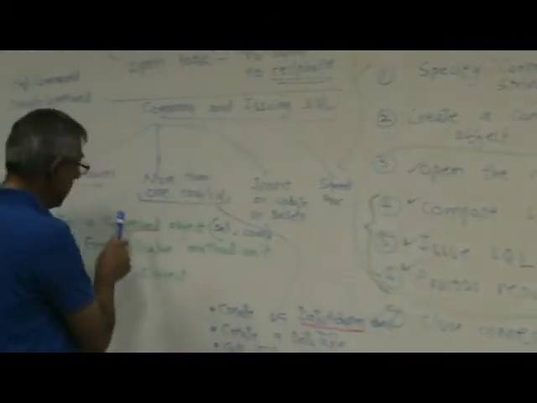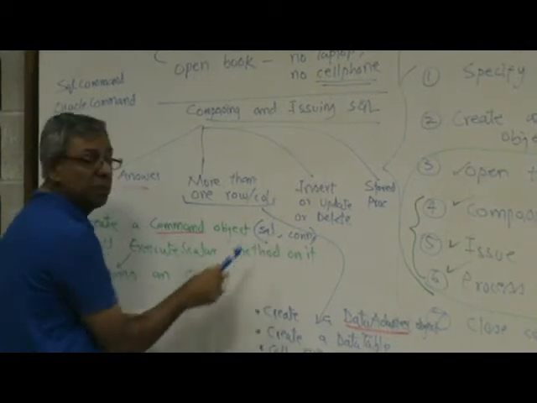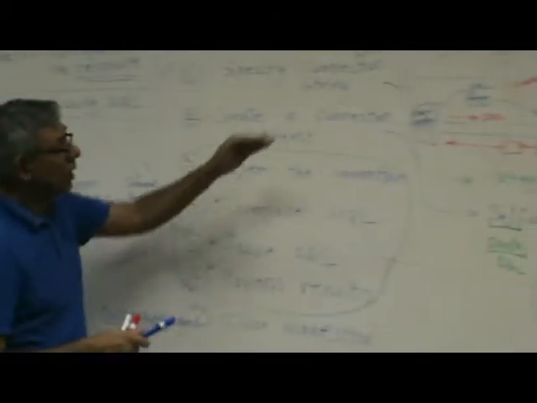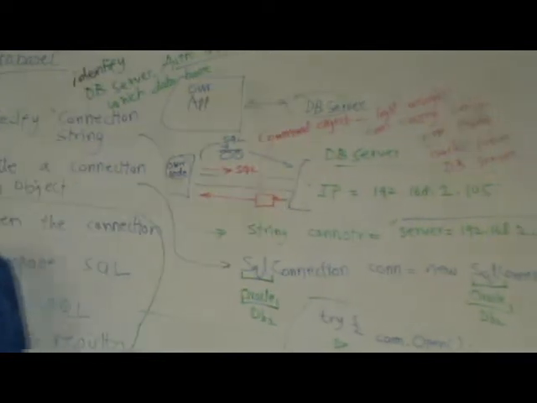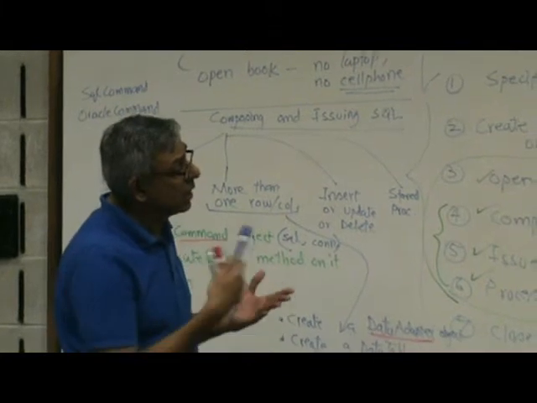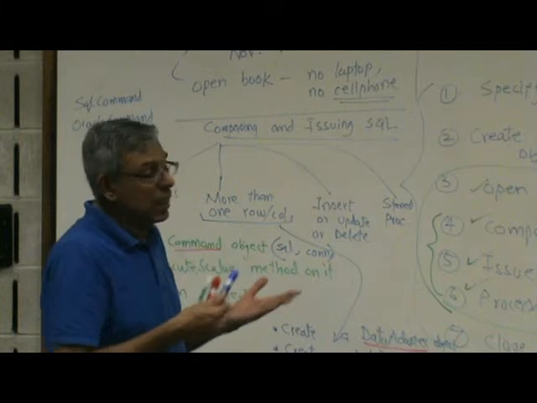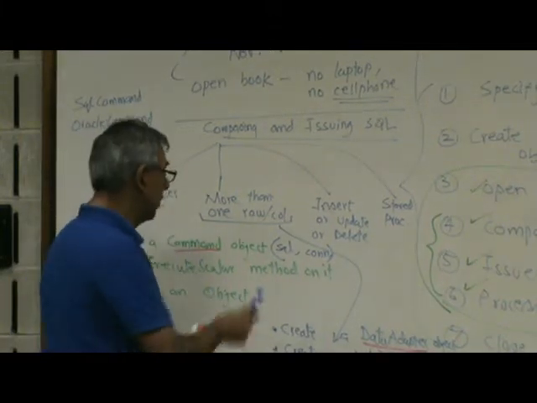So that's why anytime you create the command object, always give it two pieces of information. The SQL to carry to the database server, and the connection so that once it delivers the SQL to the database server, it can identify itself properly, right?